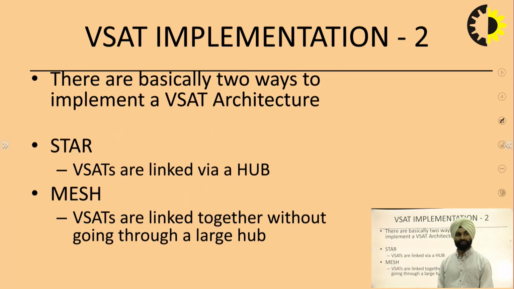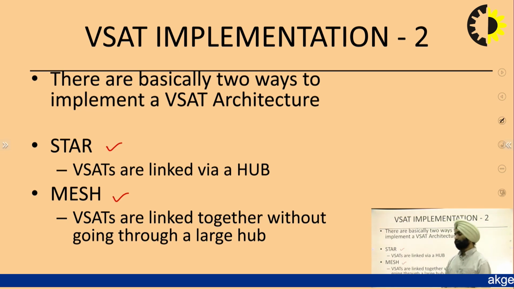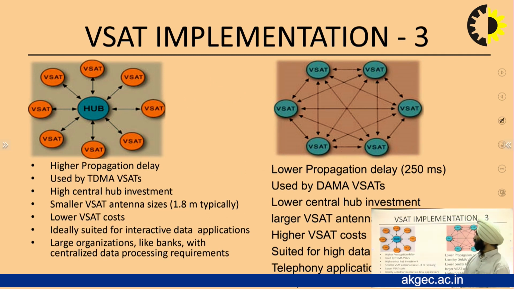The implementation of VSAT in architecture, in the structure, is two-way. One is the star topology, and the other is the mesh topology. In the star topology, a central hub is communicating with all the other VSATs. For example, in the previous example, where we have one VSAT and all other users are communicating with that VSAT, that is one example of the star topologies in the satellite.